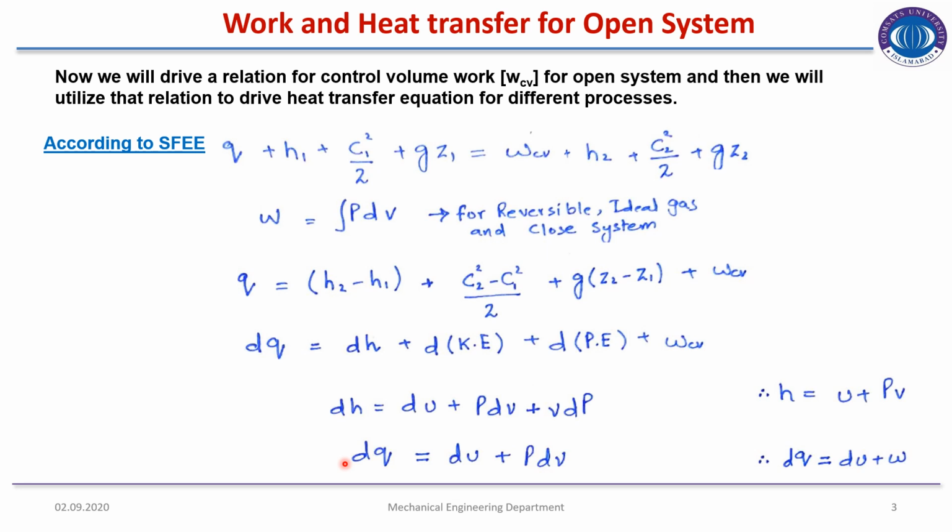And dq, you know from first law of thermodynamics, dq is equal to du plus w, and closed volume work done is written as p dv. So we have replaced the w with p dv. So dq is equal to du plus p dv. So in the upper equation, du plus p dv will be replaced by dq.